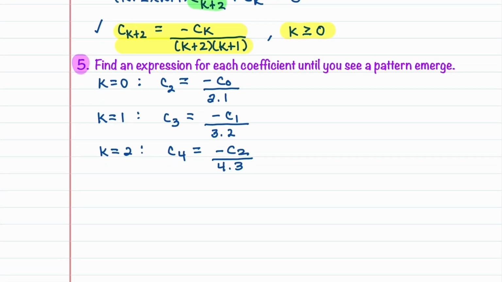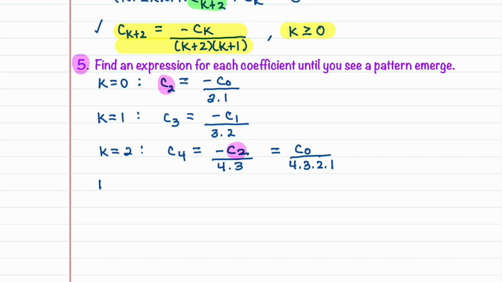Now we have to do something a little bit different than what we did for c2 and c3. Notice that c4 contains c2, and we already found what c2 is. So we need to rewrite this and substitute in what c2 is. The two negatives are going to cancel, and we're going to get c0, and in the denominator, we're going to have 4 times 3 times 2 times 1.